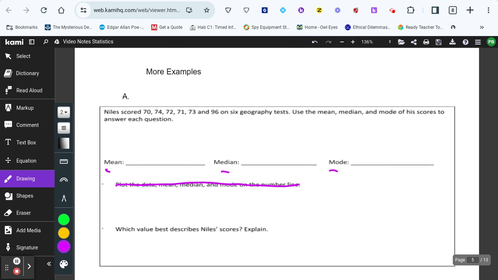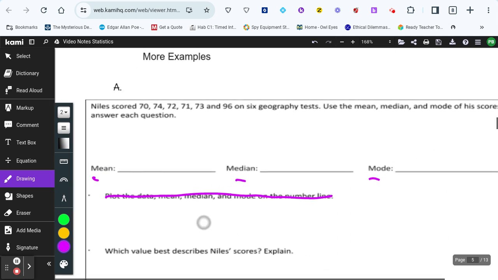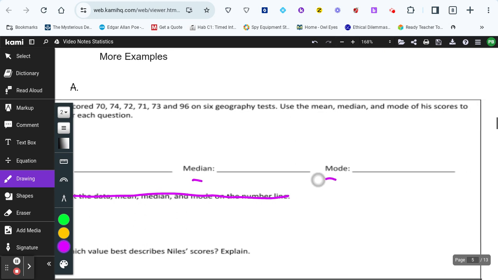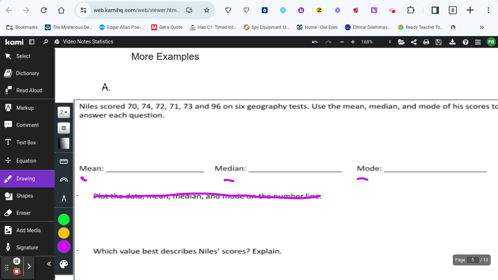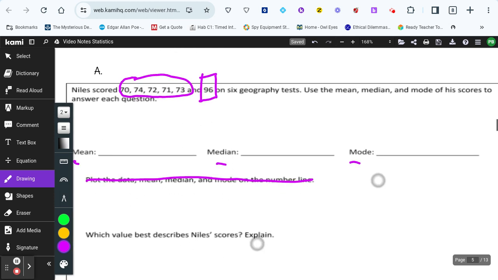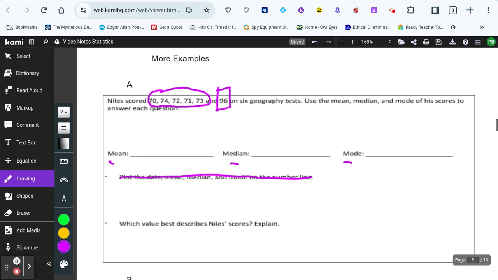It says Noah scored 70, 74, 72, 71, 73, and a 96 on 6 geography tests. Use the mean, median, and mode of his scores to answer each question. So I can tell he's really a C student, but then I got this 96. Okay, so I'm going to find the mean.